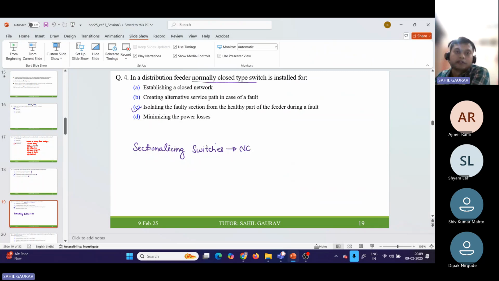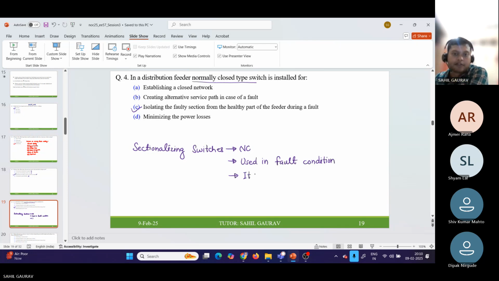We use this to remove the faulty section from the healthy part of the feeder. We have seen this in the initial slides, so you can refer to them. Sectionalizing switches are of normally closed type, and they are used in fault condition. As the fault happens, it will open, and in that way it will isolate.